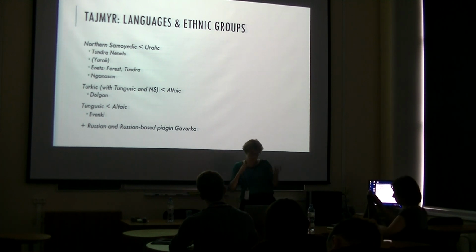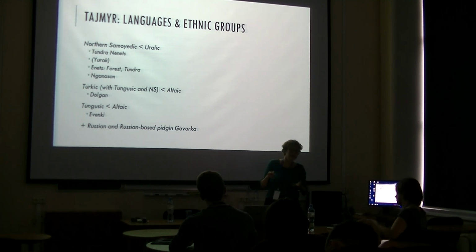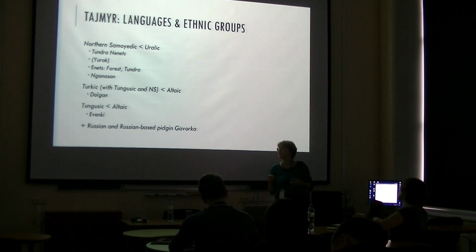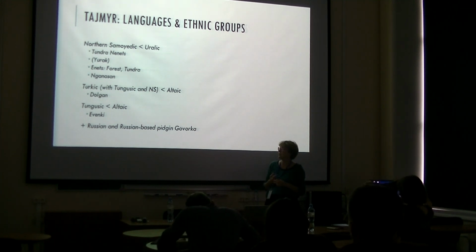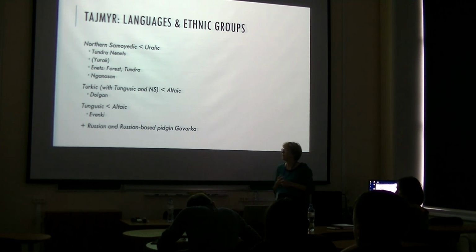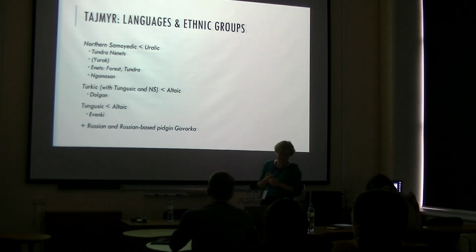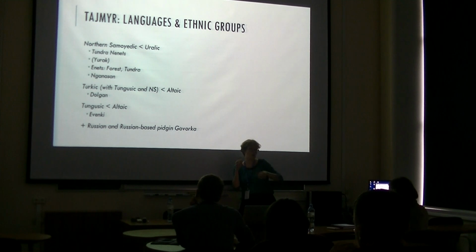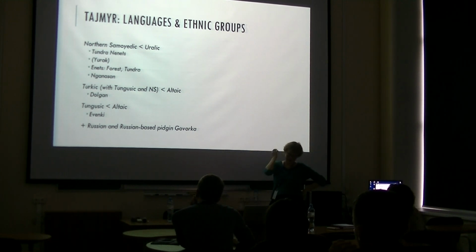So basically, Yakut or Saha is the closest relative of Dolgan from the Turkic family. And it has some features from Tungusic languages and northern Samoyedic languages, just because there was a lot of linguistic and ethnic and genetic admixture that made the Dolgan ethnic group and the Dolgan language.